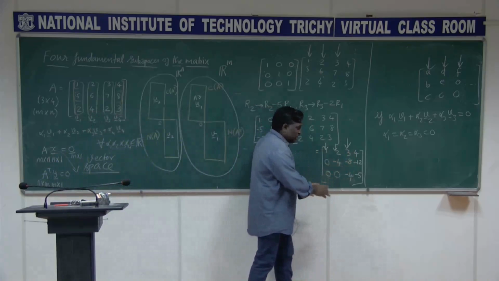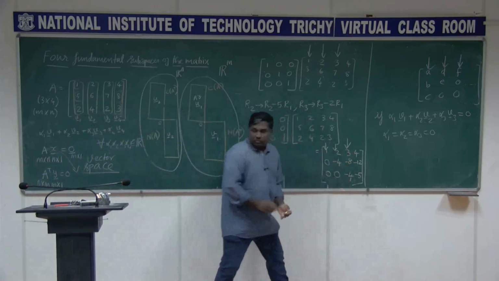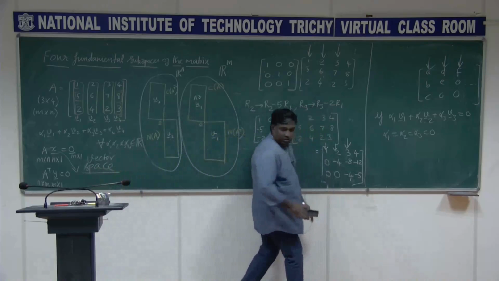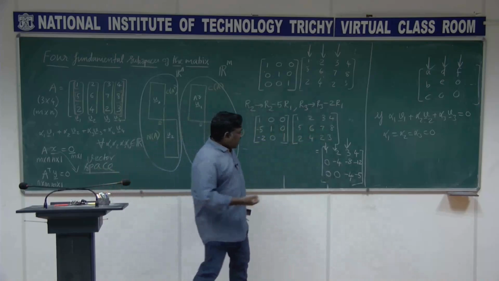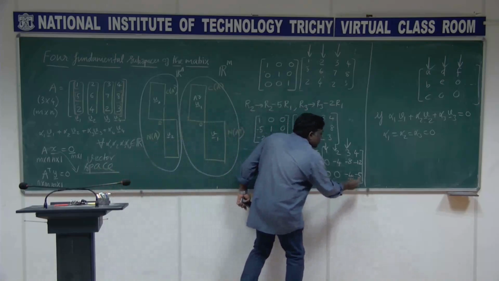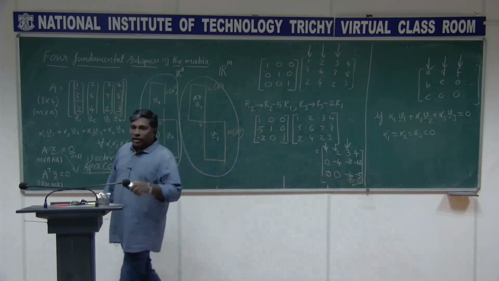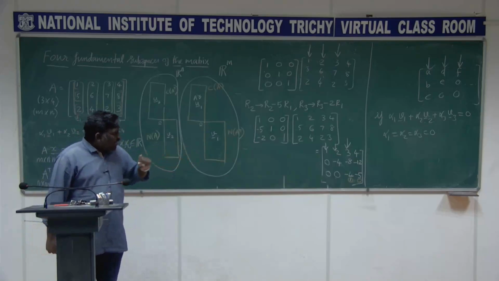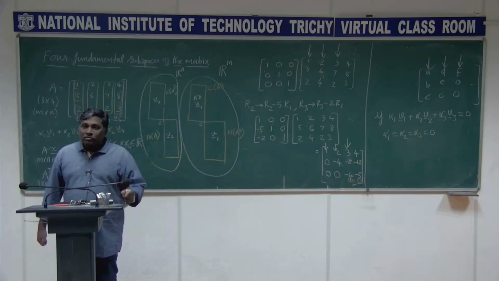Sometimes, I'm just saying, I'll write at the bottom, I don't want to remove this, so I use a different color. Sometimes, you may have 0 and 0 here, in place of -4 or -5. In that case, how many pivot columns do you have? Only 2. You understood the point?